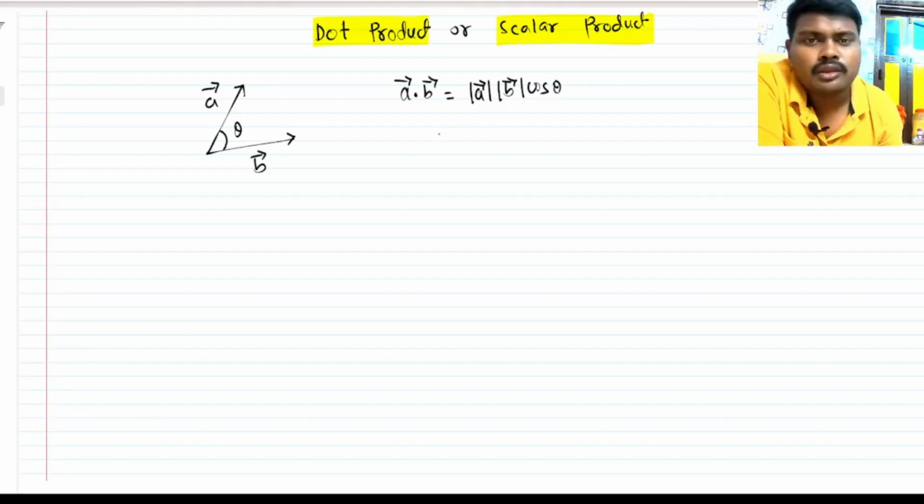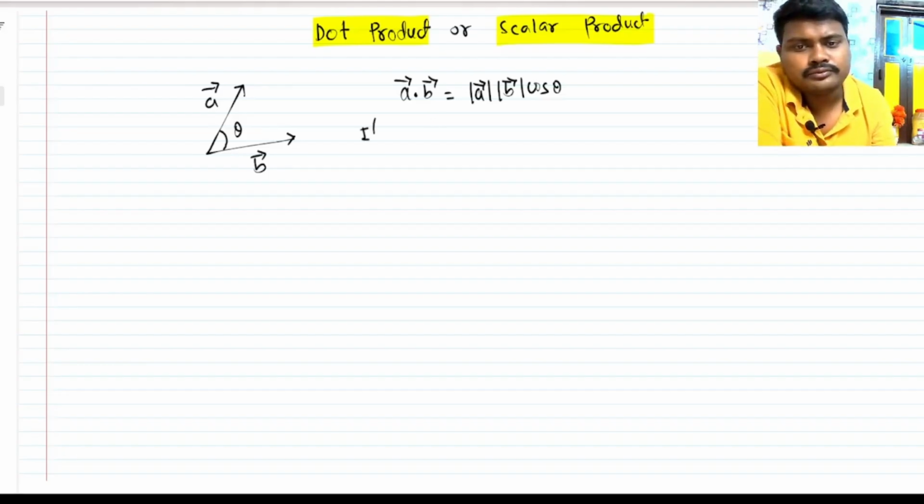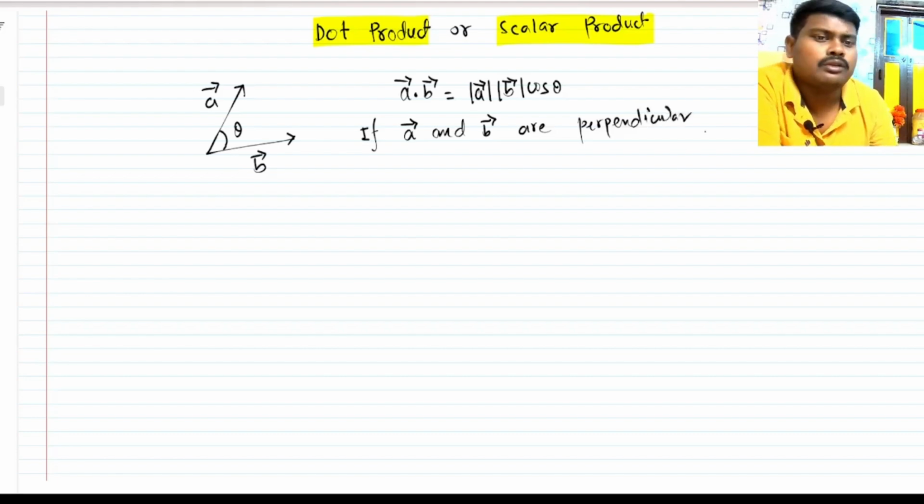It means the dot product of two vectors is always a scalar quantity. If A vector and B vector are perpendicular, then theta is equal to pi by 2.